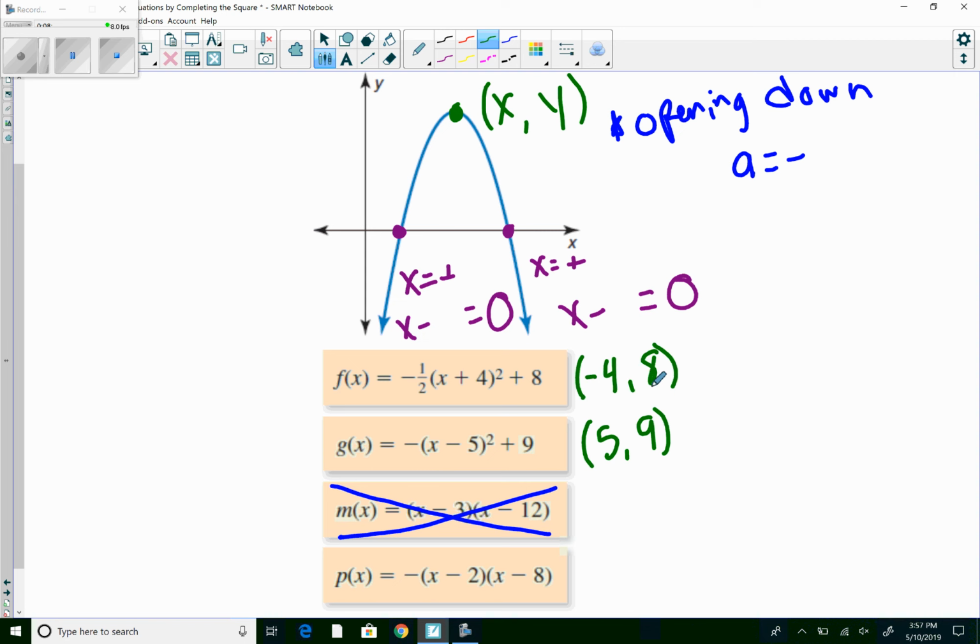So that throws f of x out of the mix now, because all of a sudden you've got a negative x coordinate and we need our x coordinate to be positive. So when you look at this, you guys, either g or p of x would work. Okay, so this is just a really good problem that tries to get you to interpret all of the different characteristics of your graph.